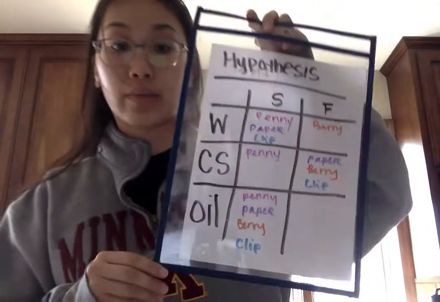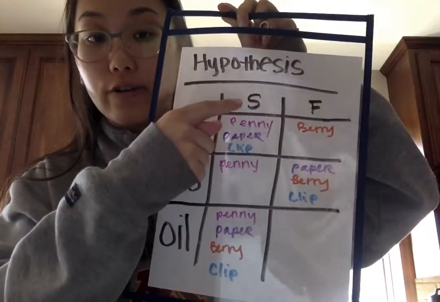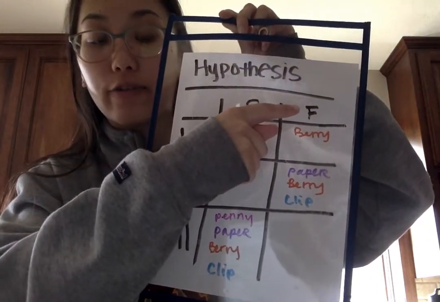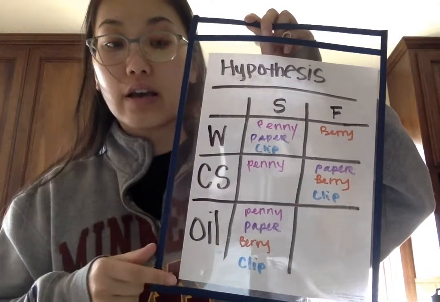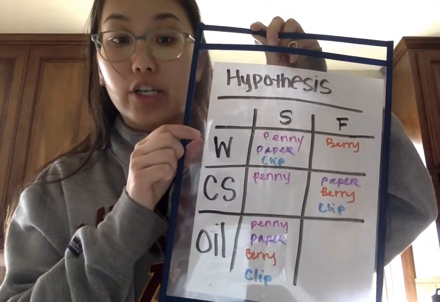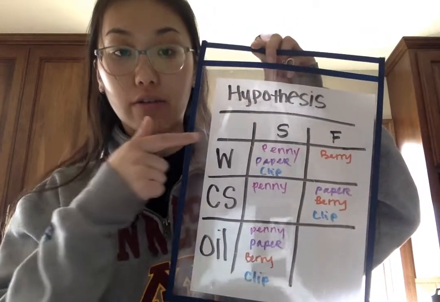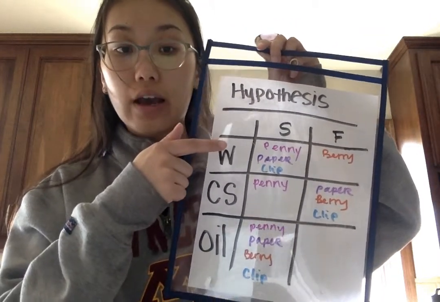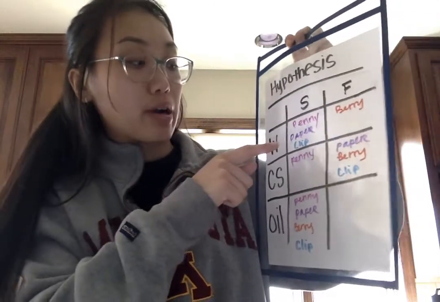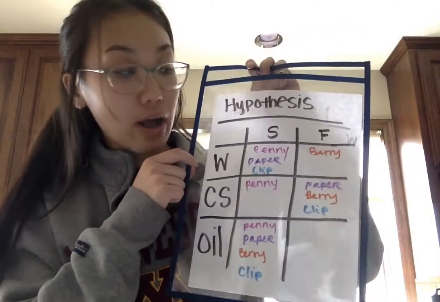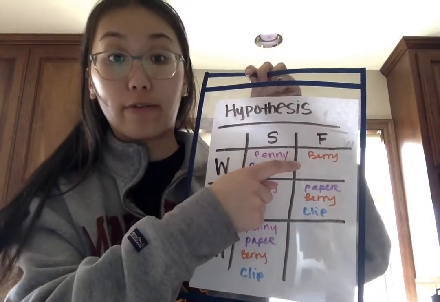So here's mine. The S stands for sink and the F stands for float, and then this shows what kind of liquid we're putting each item in. So water, corn syrup, and oil. I thought the penny, the paper, and the clip would sink in the water, but I thought the berry would float.